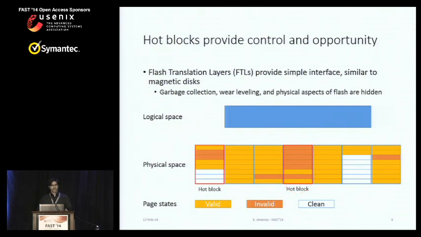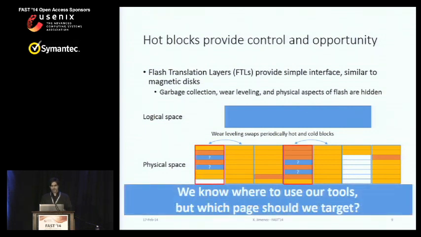Those hot blocks are perfect candidates for the relief mechanism because they represent a small portion of the capacity and they are written very frequently, which increases the opportunities we have to relieve pages. Furthermore, with typical wear-leveling techniques, we are sure that eventually every block is going to have its share of hot data, so relief opportunities arise by swapping hot and cold blocks.